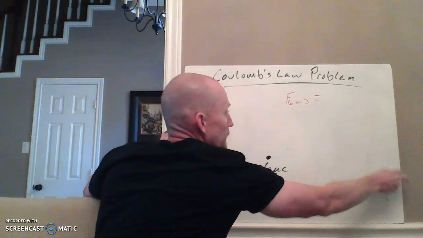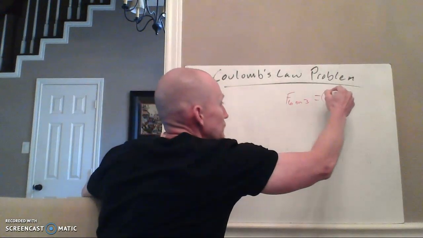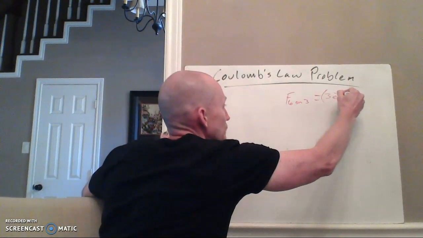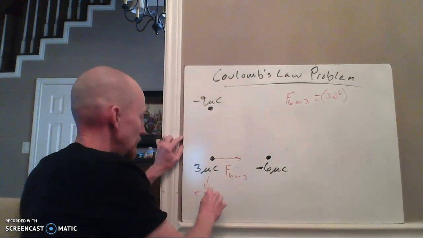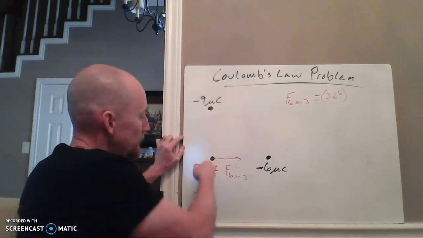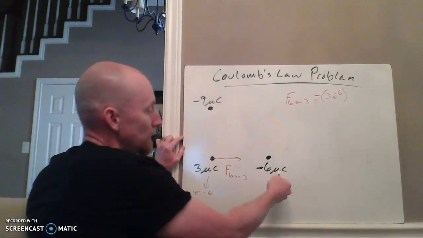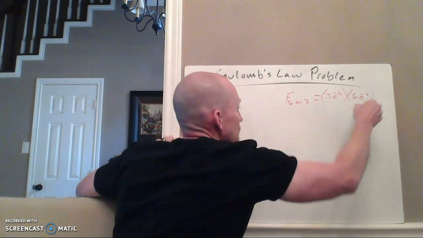And so for this, it would be 3 microcoulombs is 3 times 10 to the negative 6. That's what micro means. Micro is e negative 6. So this charge is 3e negative 6. This charge is 6e negative 6.